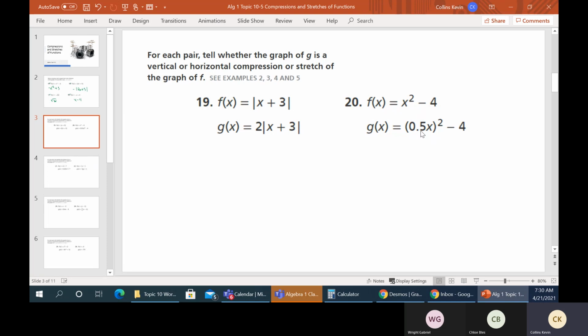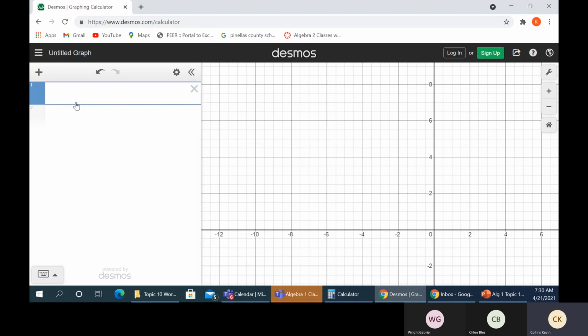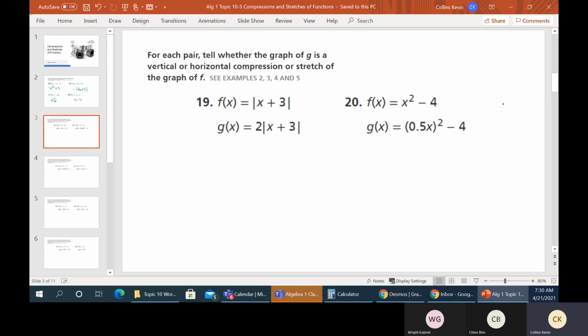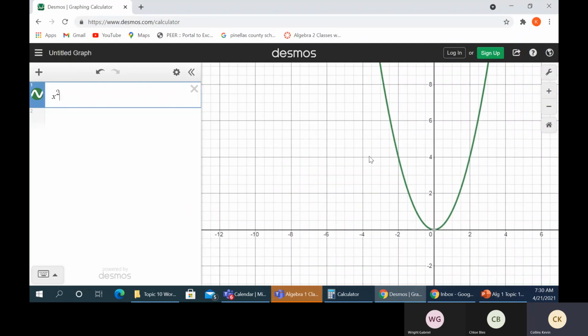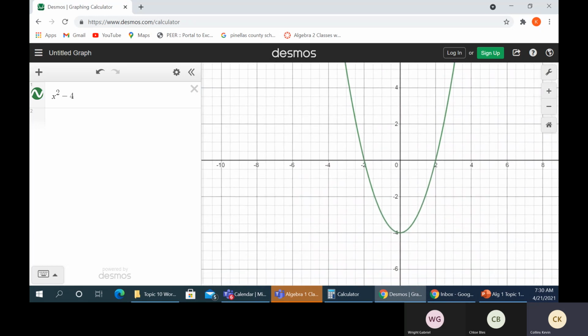So let's go ahead and take a look at these guys then. So this time, let's go ahead and just clear these guys out. I've got x squared minus 4. So it's going to drop us down 4. Let's center this a little bit better again.